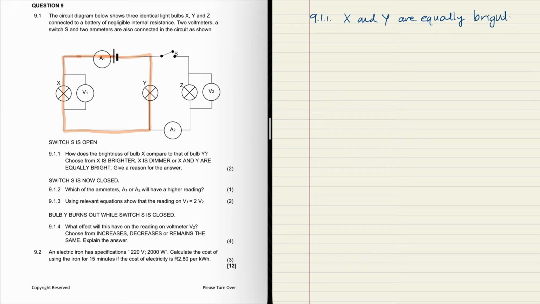And so we can use the formula P is equal to I squared R. Both of them have the same current going through it because it's essentially a series circuit.